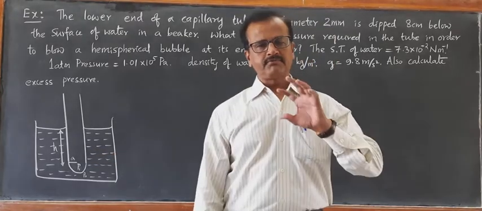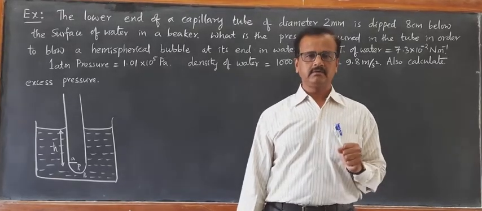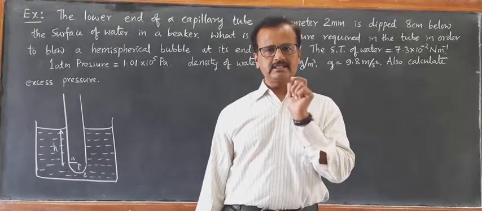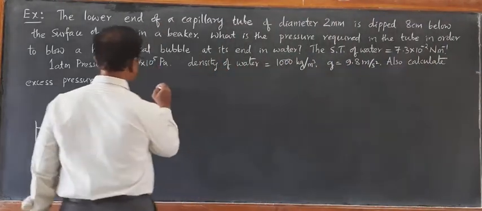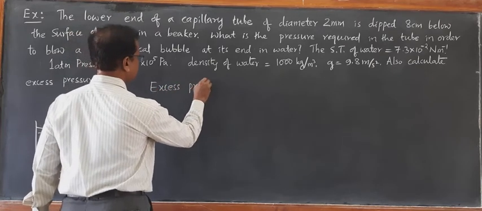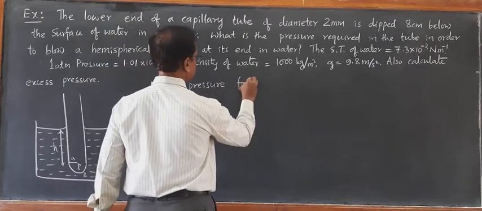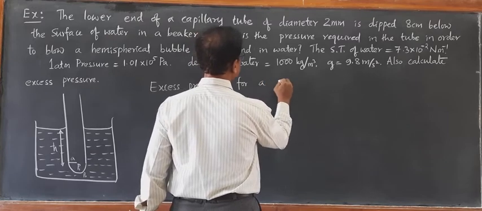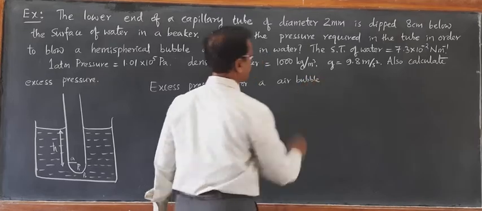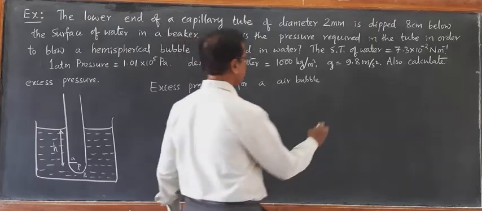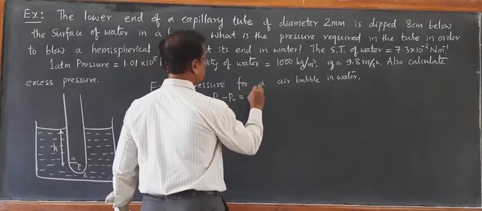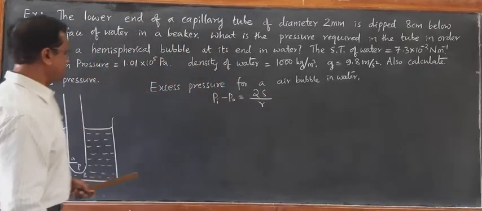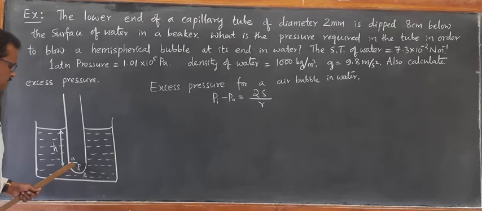Now, we have learned for the formation of air bubble in water or the formation of any gas bubble in a liquid, the excess pressure is given by Pi minus P naught equal to 2s upon R. So, I will write first excess pressure for an air bubble or any gas bubble or air cavity in water is given by Pi minus P naught equal to 2s upon R, where R is the radius of curvature, and here the radius of curvature is the same as the radius of the tube because it is forming a hemispherical concave surface.